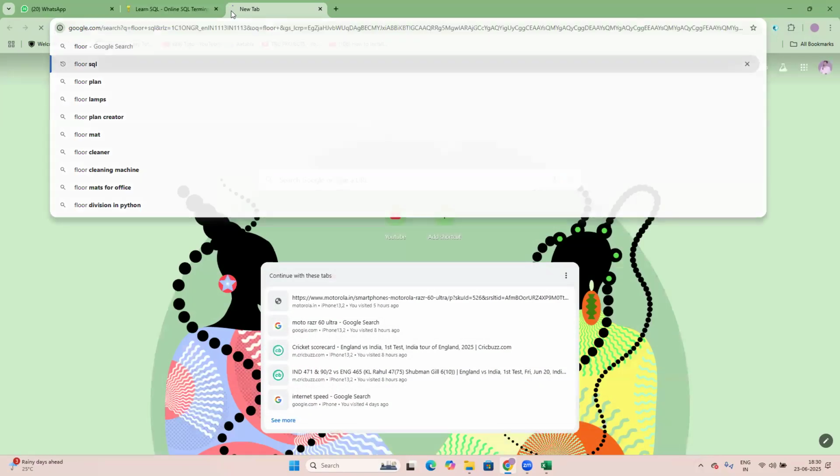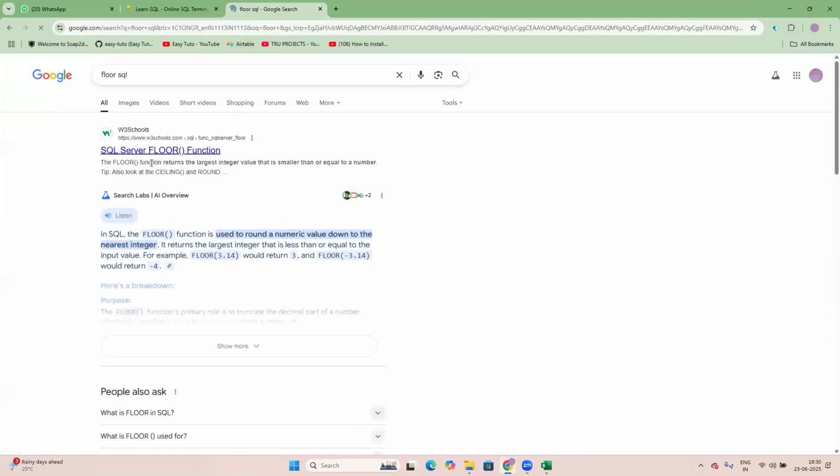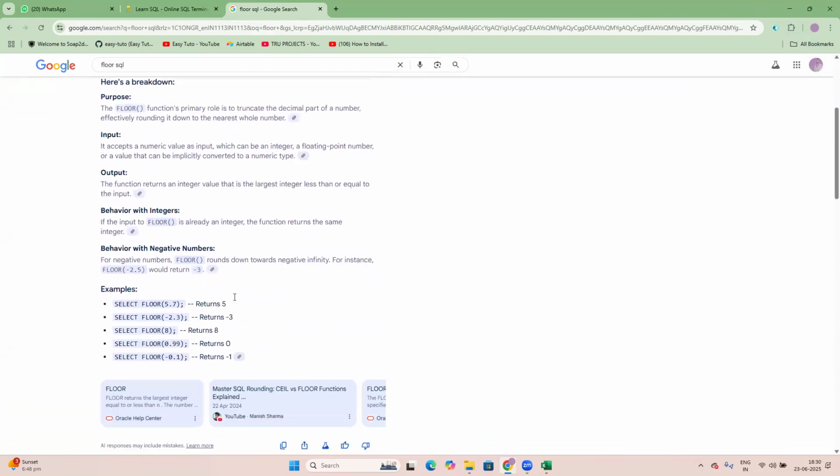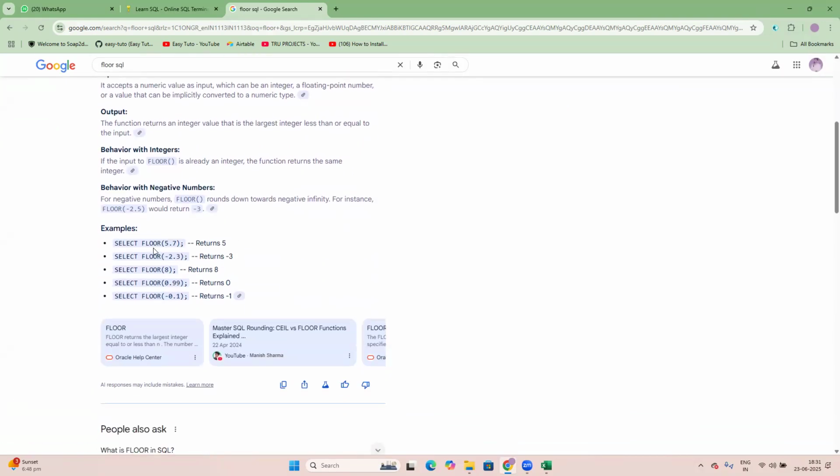Wait, I'll just show you what floor is. See, it is used to round a numeric value down to the nearest integer. Even if the value is 5.7, it will not round it off to 6.